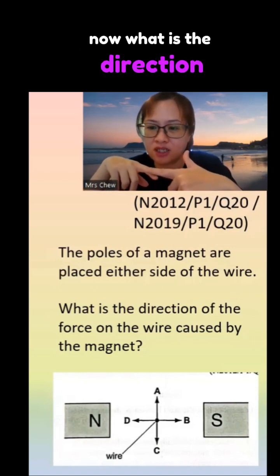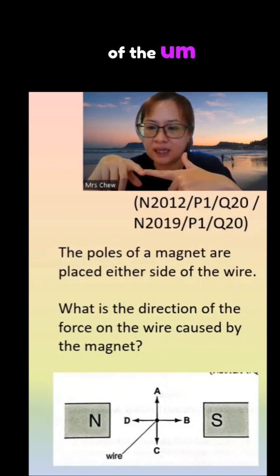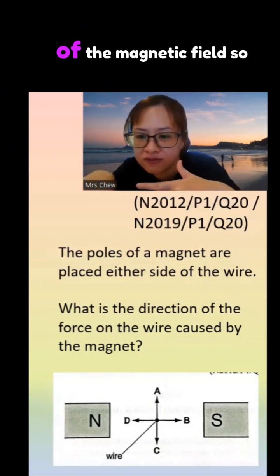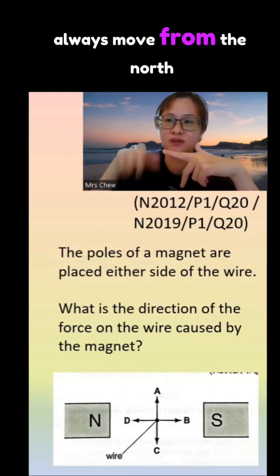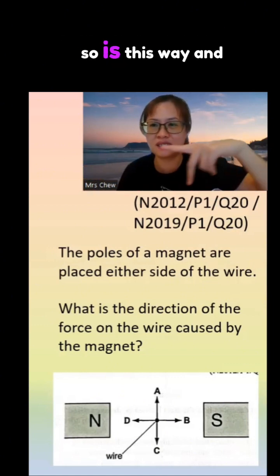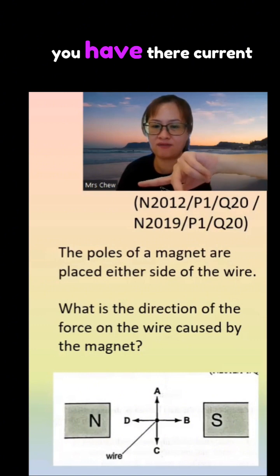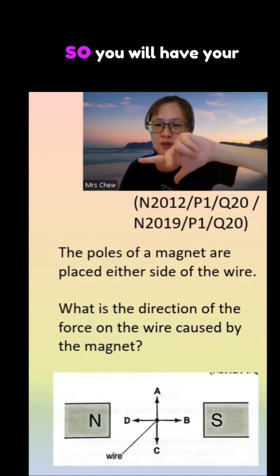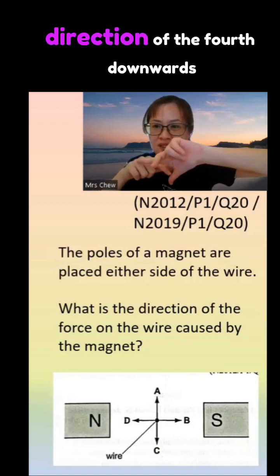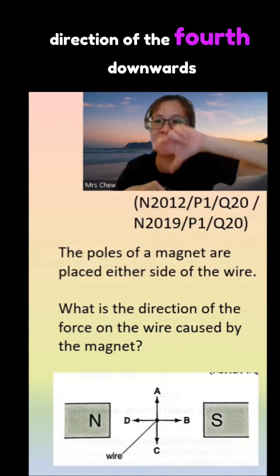Now, what is the direction of the magnetic field? The magnetic field always moves from the north to the south. So it's this way, and you have the current. You put the current into the paper, so you will have your direction of the force downwards.